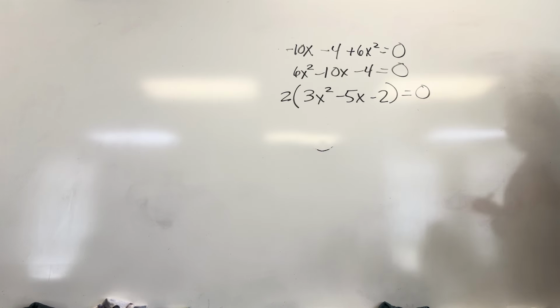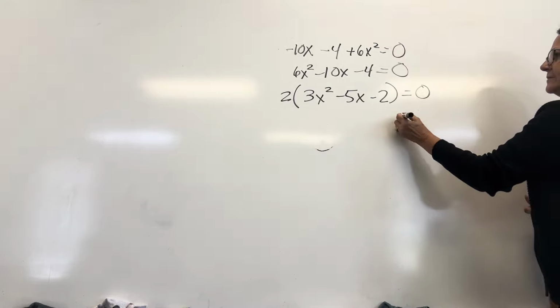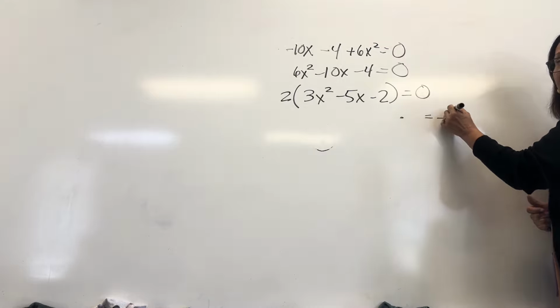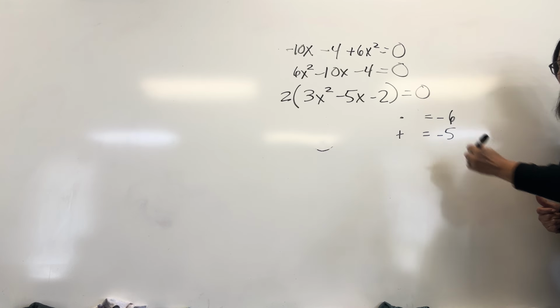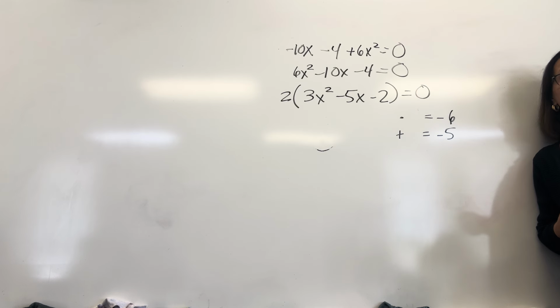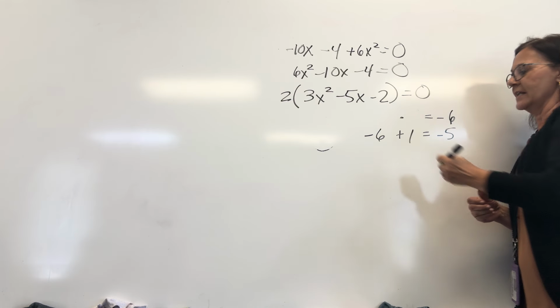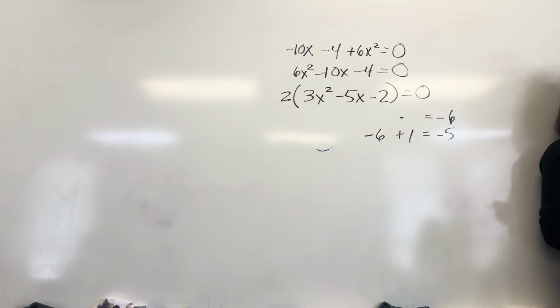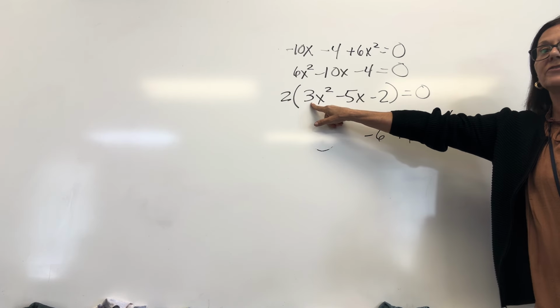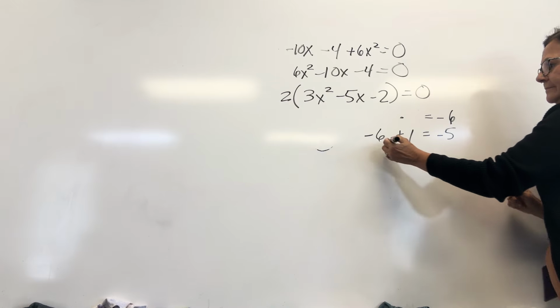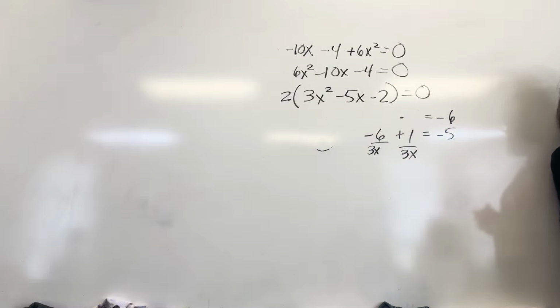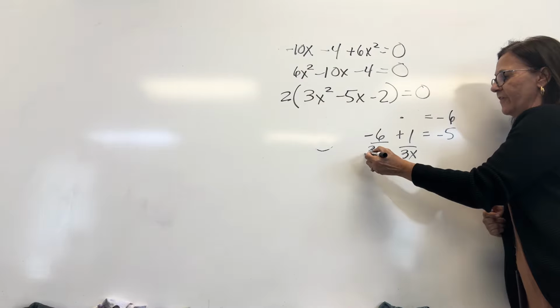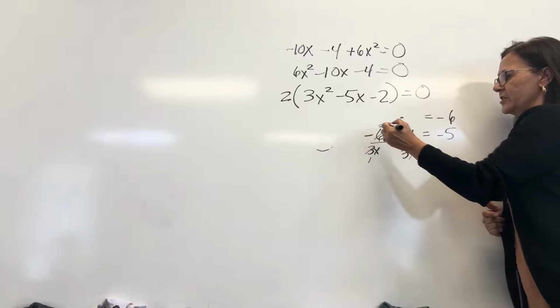Now what am I looking for? Factors of negative 6 such that I add them, the result is negative 5. Negative 6, positive 1. I'm writing it over the 3x. And then I'm simplifying. That's 1, that's 2.